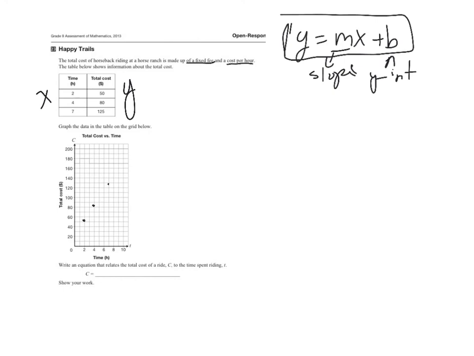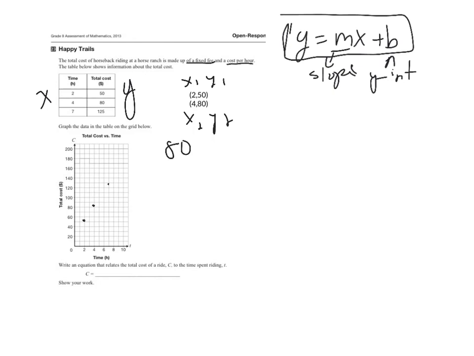So I'm going to do my 2 points. One point will be 2 and 50, and the other will be 4 and 80. This will be x1, y1, x2, y2.